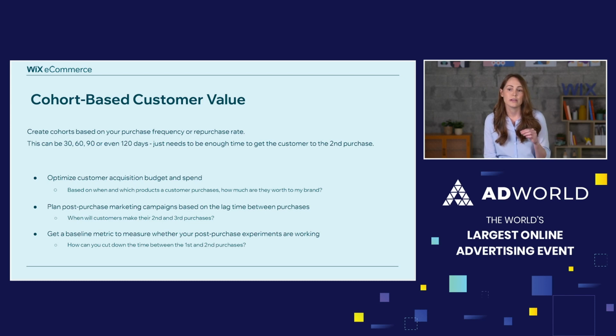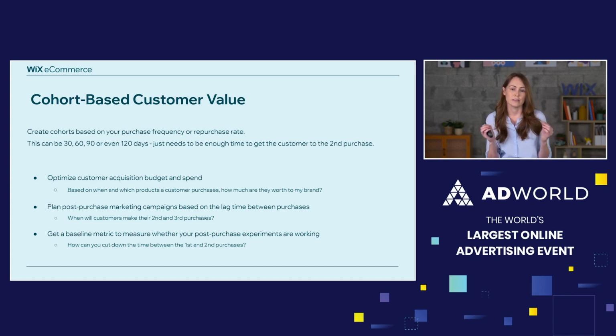So we're going to create cohorts based on purchase frequency or the repurchase rate. A cohort is essentially a group of customers that join during the same period of time. So we could take 30 days, 60 days, even 120 days. Essentially, we just need enough time to get the customer to that second purchase.